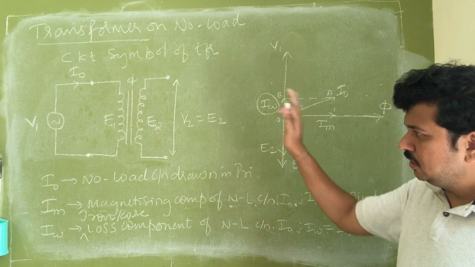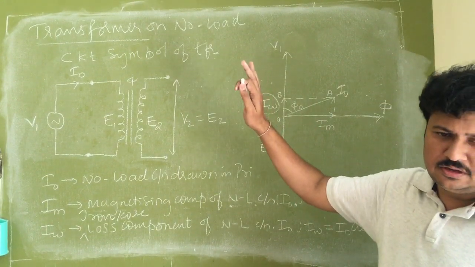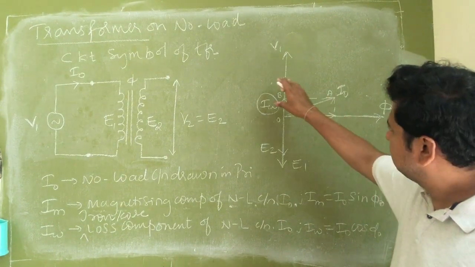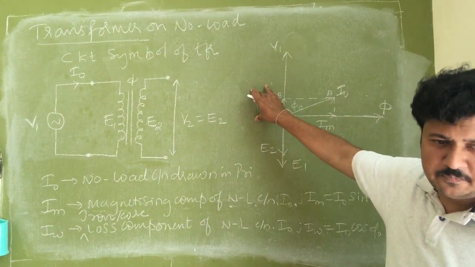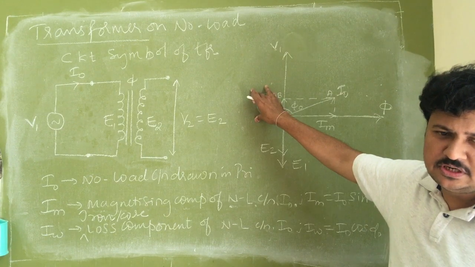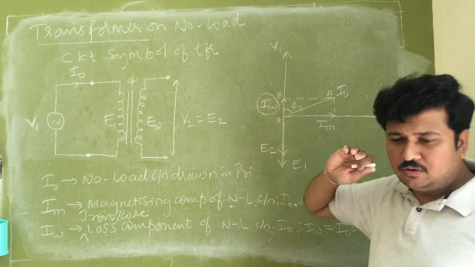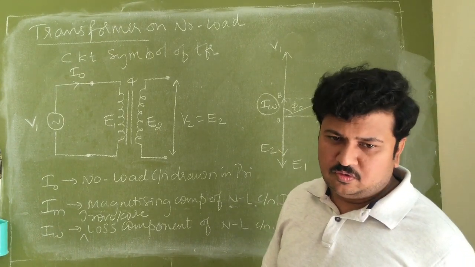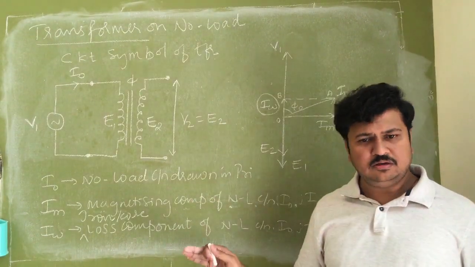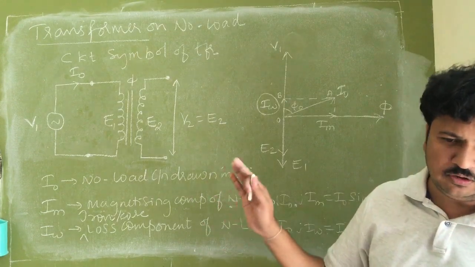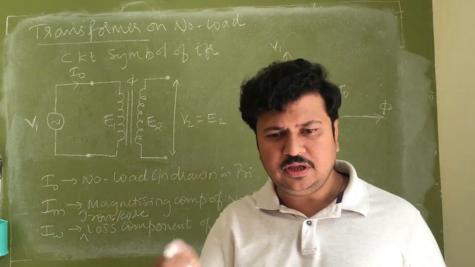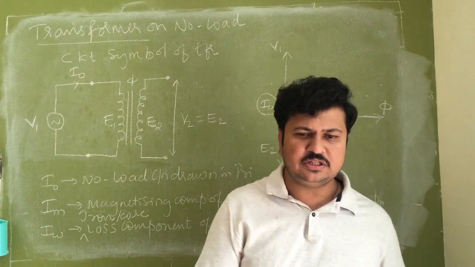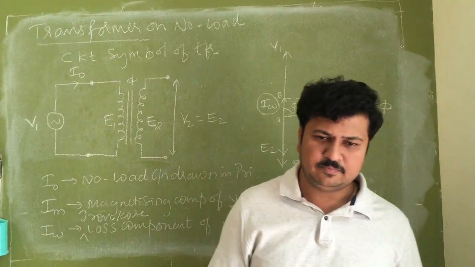So the total work done by the transformer is creating the magnetization and satisfying some losses present in the core. Now what are the core losses and why are they present, that we need to see. What are the losses in the winding? It is evident, I squared R. Because electrons flow in a path, they experience friction, and in that friction they lose some energy in the form of heat, that is my loss.